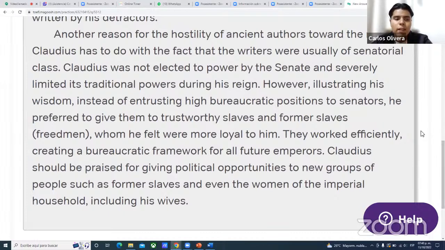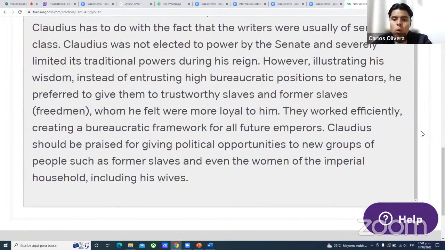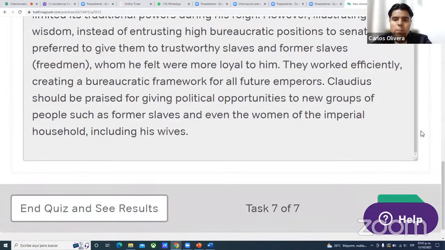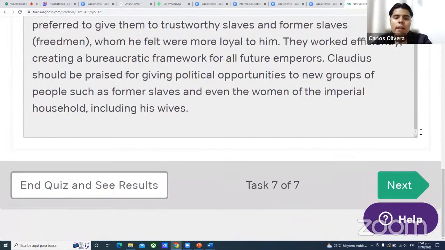However, illustrating his wisdom, instead of entrusting high bureaucratic positions to senators, he preferred to give them to trustworthy slaves and former slaves, freedmen, whom he felt were more loyal to him. They worked efficiently, creating a bureaucratic framework for all future emperors. Claudius should be praised for giving political opportunities to new groups of people, such as former slaves and even the women of the imperial household, including his wives.